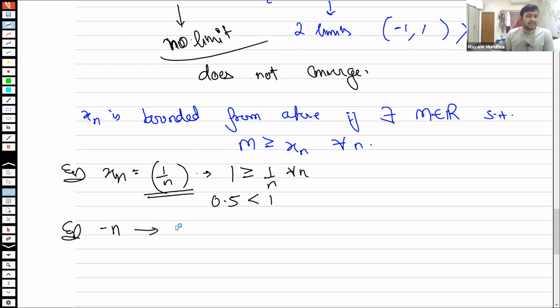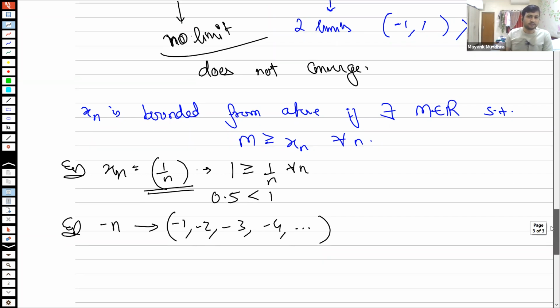So -n is basically -1, -2, -3, -4, and so on. So this thing is also bounded from above because you can find a number which is greater than every element of the sequence. Right? So Asma, can you tell me a number which is greater than all these numbers? Any real number greater than all the numbers of the sequence, actually.